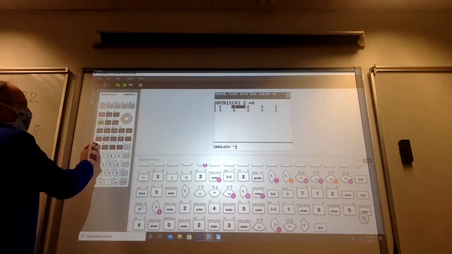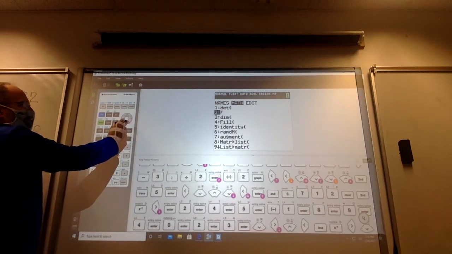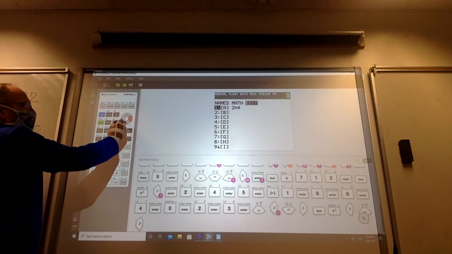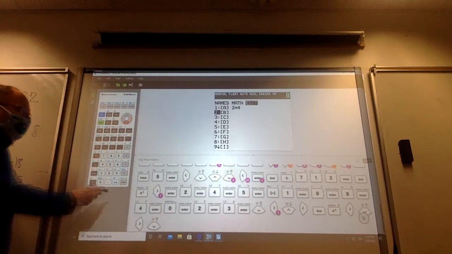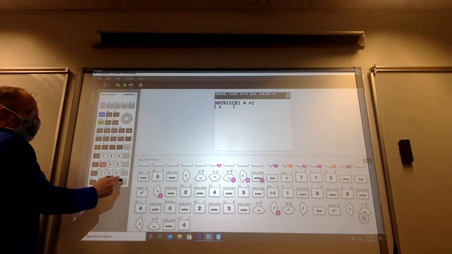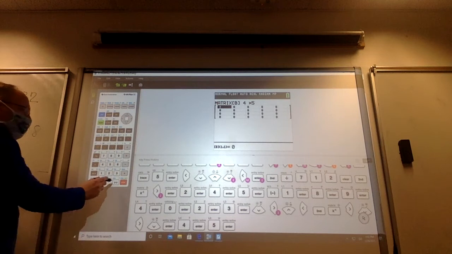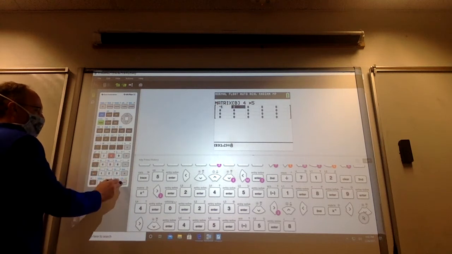So I'm going to go back and hit second matrix again. I'm now going to edit the second matrix. And I'm going to make the second matrix a 4x5 matrix. And again, I'm just going to pick arbitrary values. It doesn't matter.